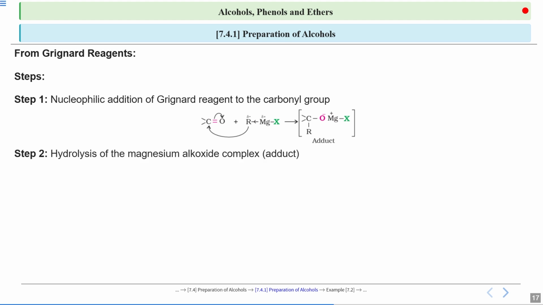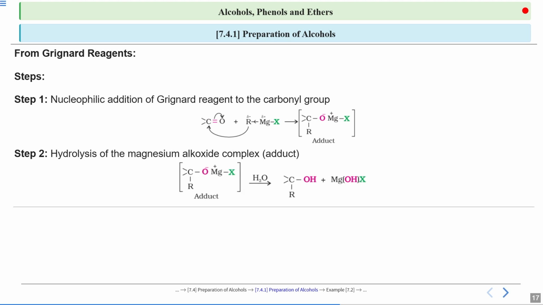Step 2 involves the adduct hydrolysis, or you can say hydrolysis of the magnesium alkoxide complex, which is actually the adduct. So you take the adduct, you do its hydrolysis, what will happen? You will get your alcohol, C-OH, and C is also forming two other bonds.